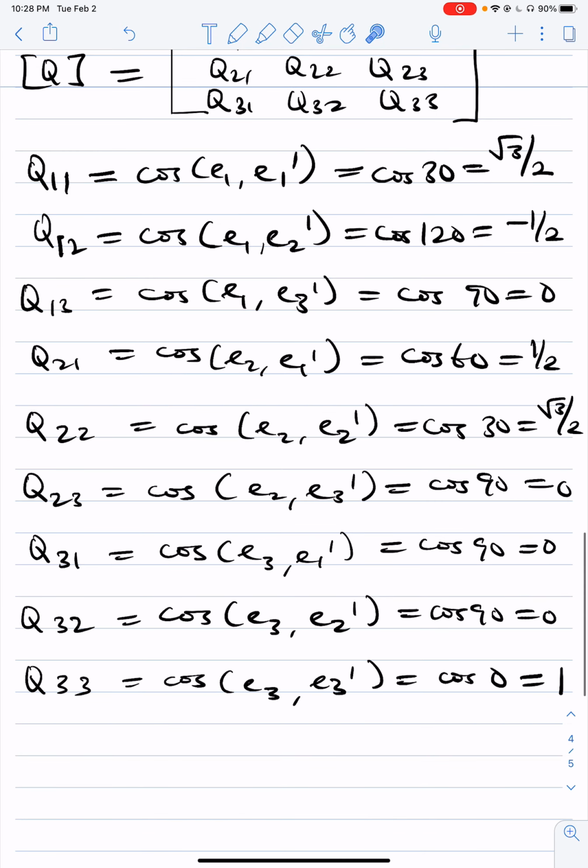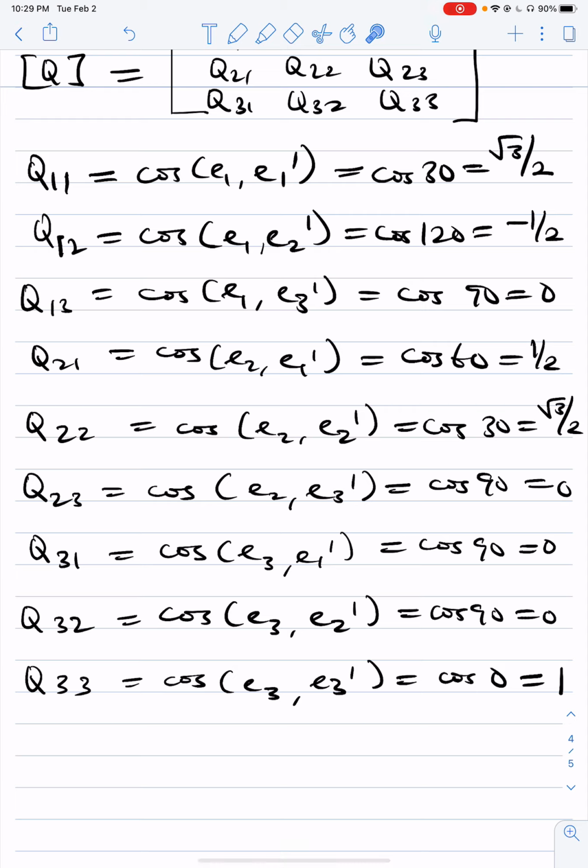Okay, so my aim is to make sure you really understand it, right? All you're doing, if you look at the indices in the first place, is 1,1, 1,2, 1,3, 2,1, 2,2, 2,3, 3,1, 3,2, 3,3. You're finding the angle between parts of the original coordinate system and a rotated component.